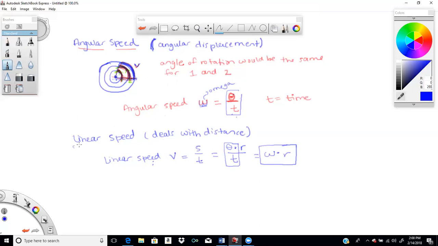But the linear speed deals with the distance. 2 is further away from 1, so that's the difference in distance. Linear speed is S over T, and S is your arc length, which is theta times R, all over T. But theta over T is omega. So we got those two, and we have the formulas.